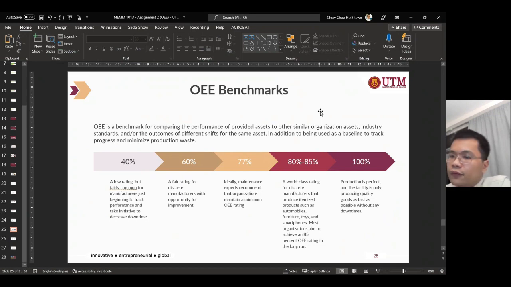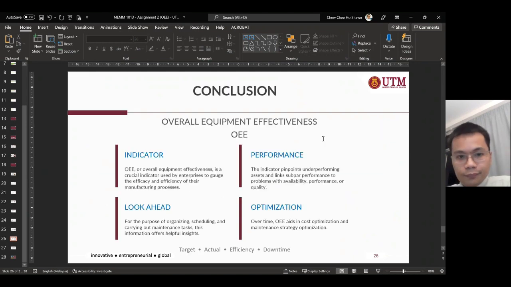So 100%, of course, is a perfect scale, where the facility is only producing good quality as fast as possible without any downtime. So without any downtime, this is the 100%. So we can see that this is roughly the OEE benchmark over here.